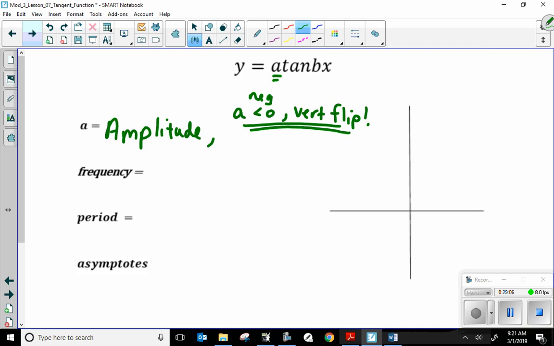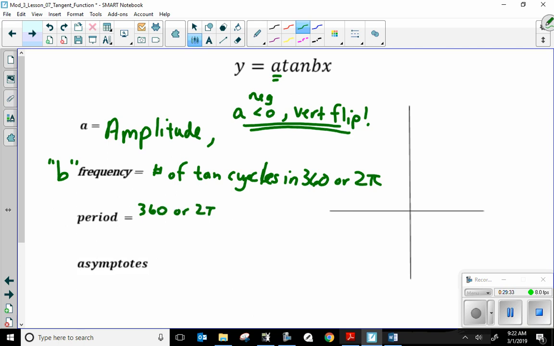Frequency, that's still my B, the number of tangent cycles or curves in 360 degrees, or in 2 pi if you're doing it in radians. Period is still 360 or 2 pi divided by your frequency. I like using F instead of B. By definition, it's the length of one cycle of tangent, or one cycle of sine or cosine.